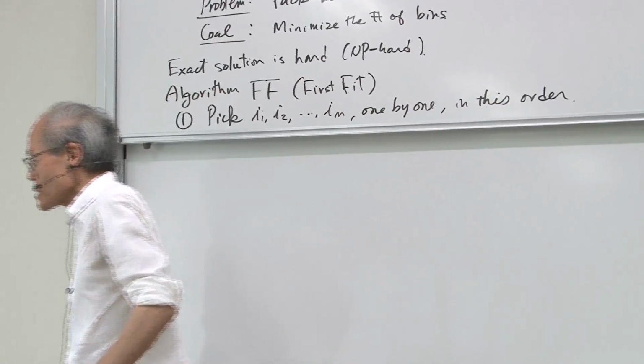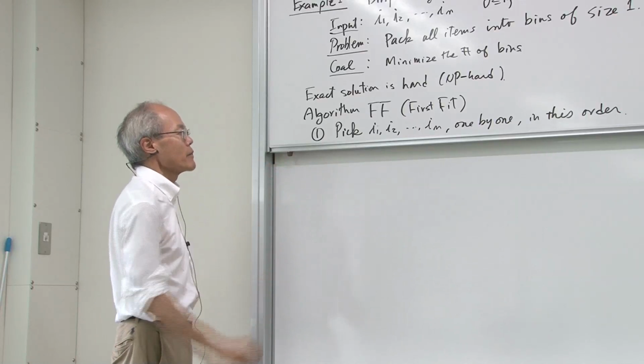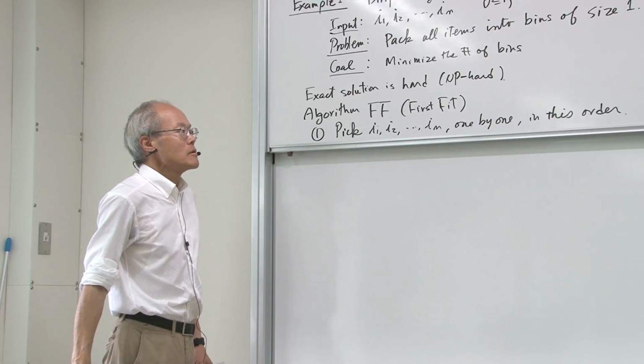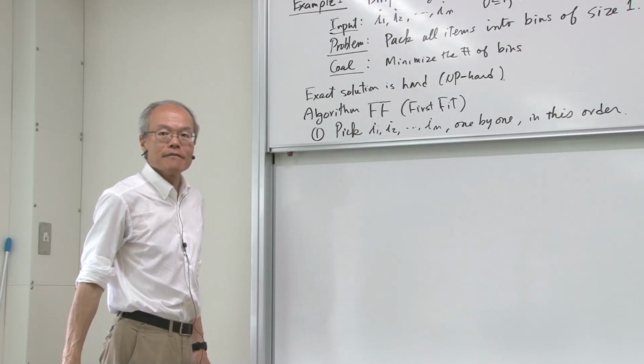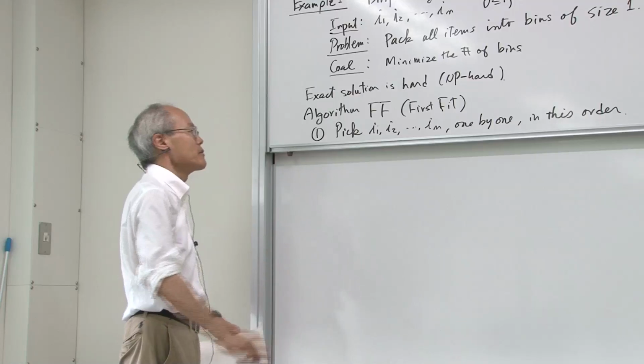Step 1: we look at items I1 through IN, one by one, in the given order. We don't care about the order, just the given order.